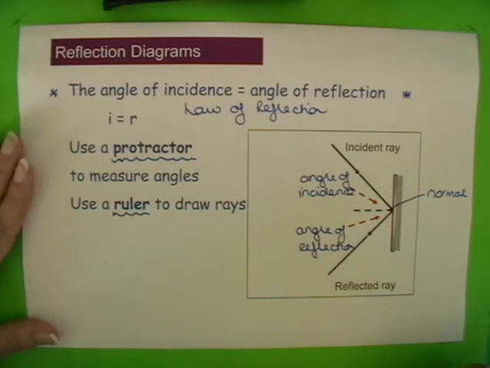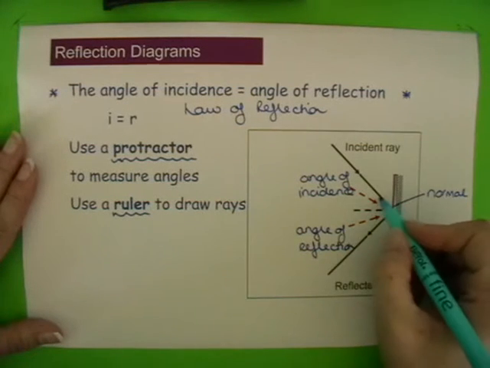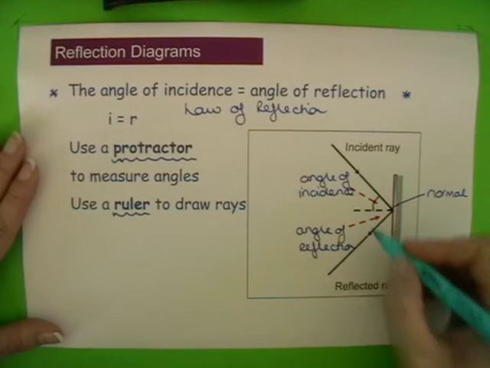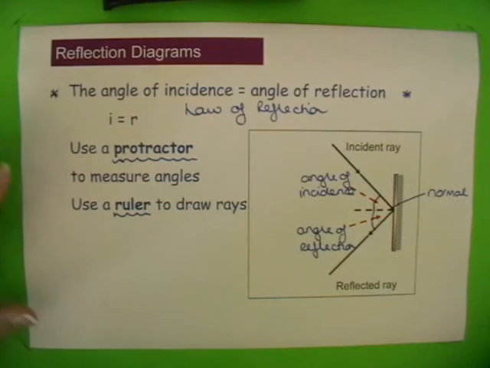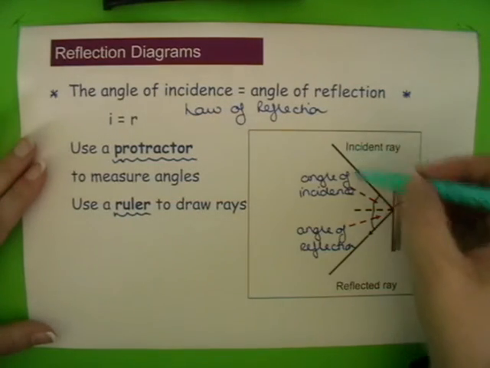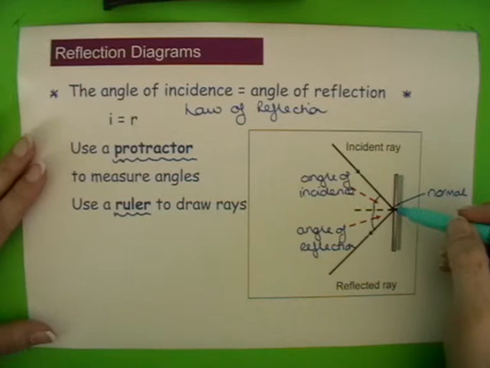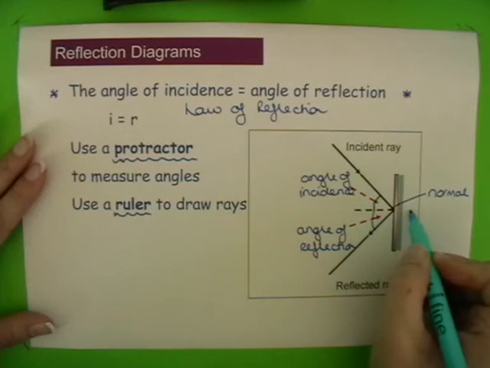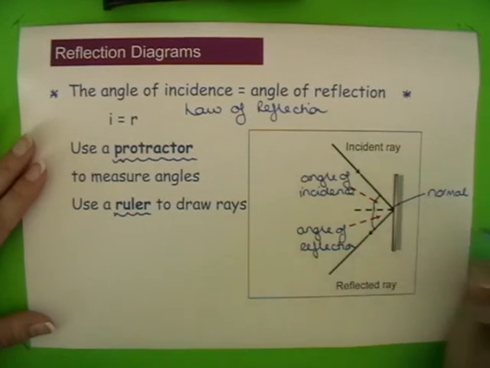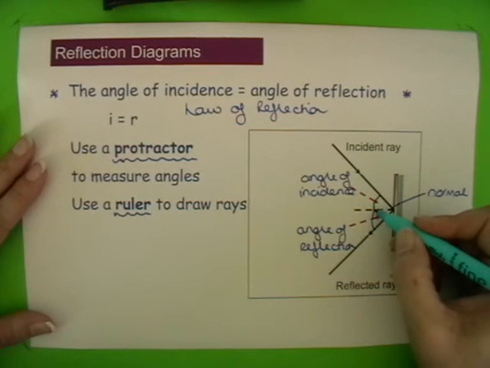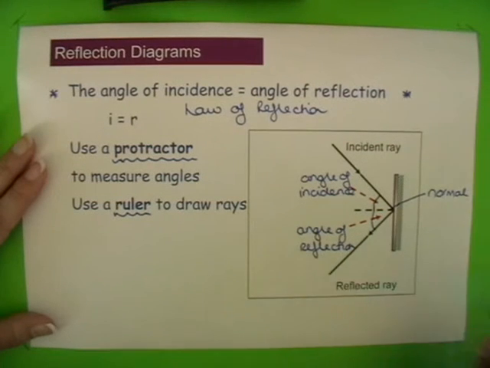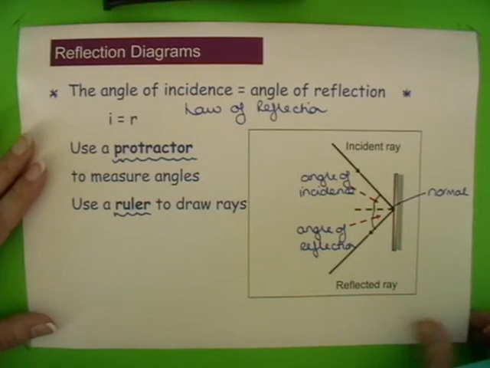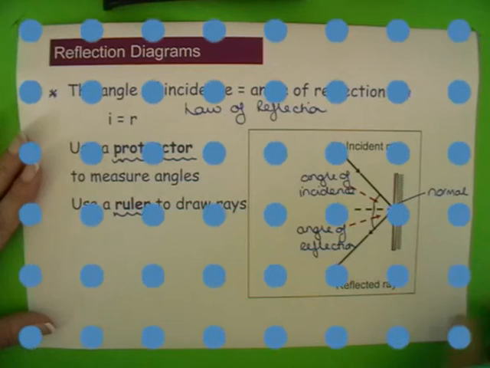If we looked at this diagram, we should be able to use a protractor then to measure each of the angles, and they should be equal. So in the exam, the angle of incidence equals the angle of reflection. If you were given an incident ray, you should then be able to draw the normal at 90 degrees, measure this angle, then come round the second angle the same number of degrees and draw in your angle of reflection and your reflected ray. This is one aspect you must practice.